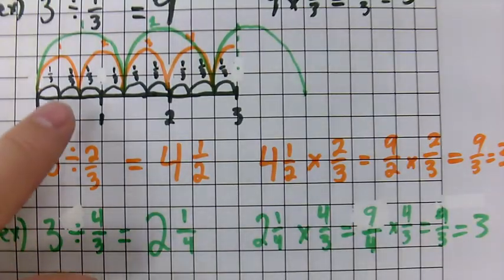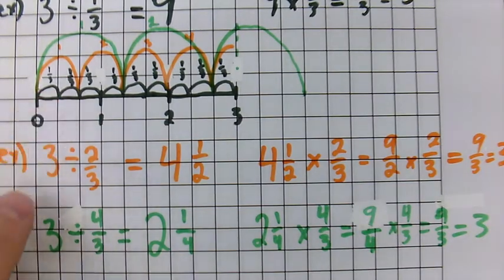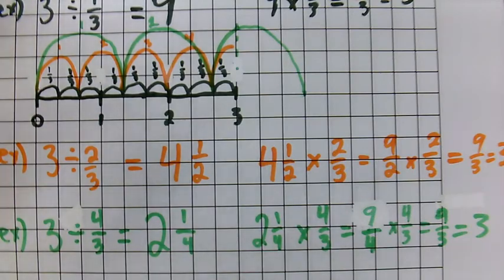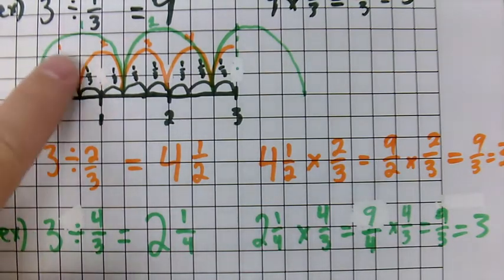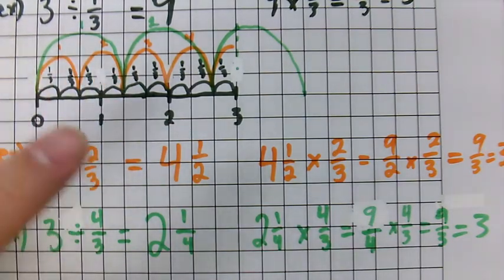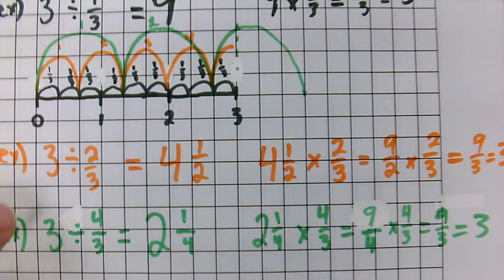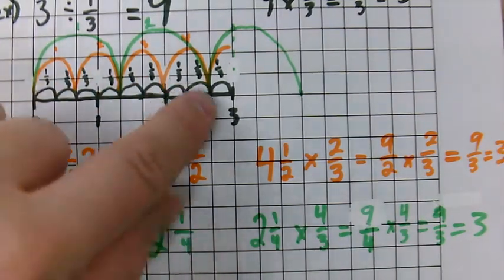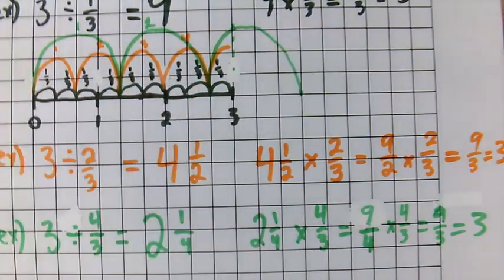So this is one way to pictorially show a whole number divided by a fraction. We've done something like this with a number line before, even when it's just whole numbers. And if it was a fraction that you started with instead of a whole number, you just have to go till you get to that fraction wherever it is along the number line.